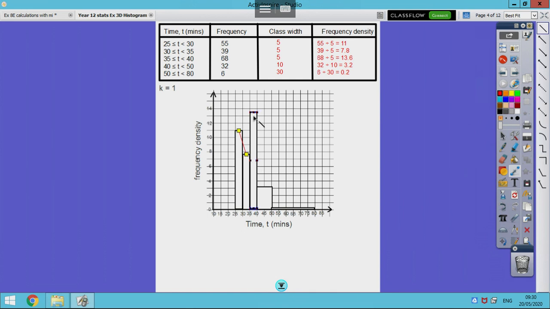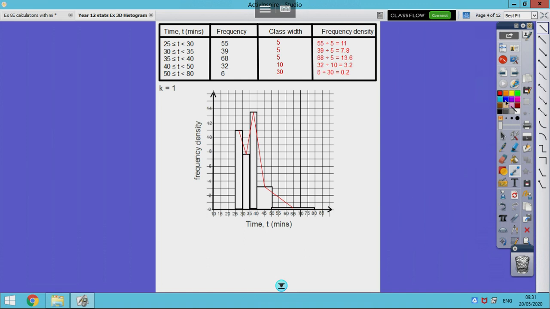Like that. So we can see the midpoint of that bar down to the midpoint of that bar, and then lastly the midpoint of that bar down to the midpoint of that bar. And that is a frequency polygon.